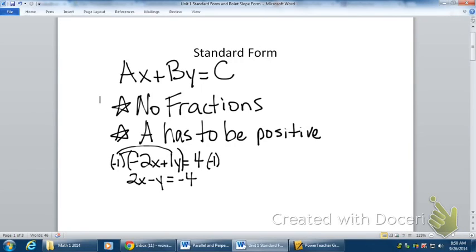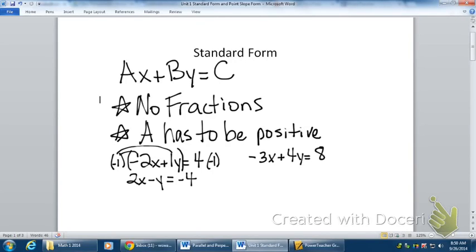So if we had a negative 3x plus 4y is equal to 8, is that all you have to do, get the a positive? Yeah, to get that a positive. Here's another example: I have a negative 3x. That is a negative number, it needs to be positive.